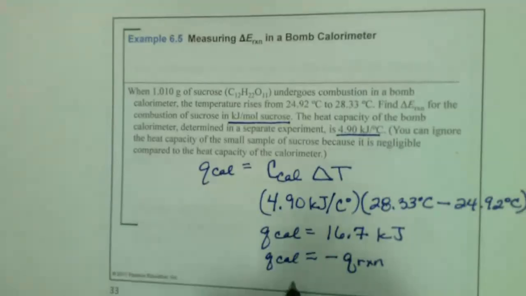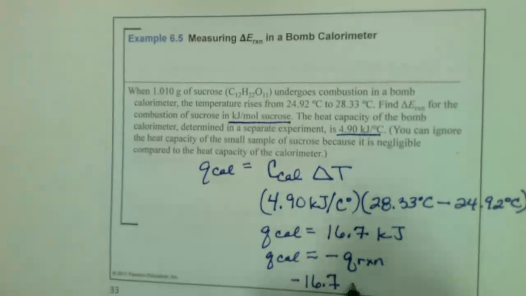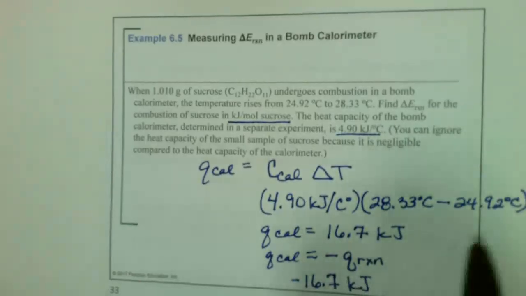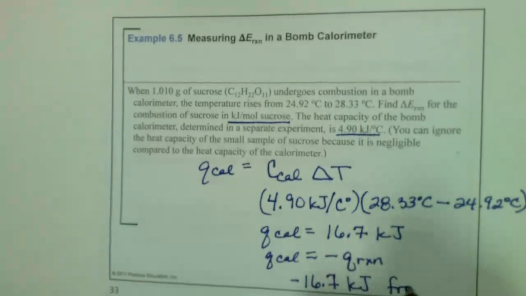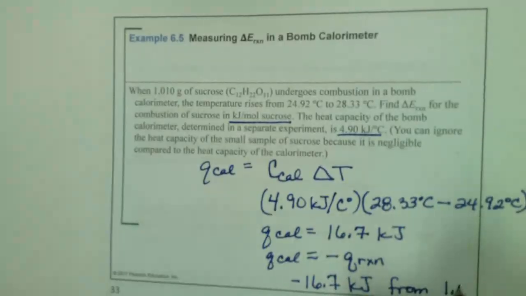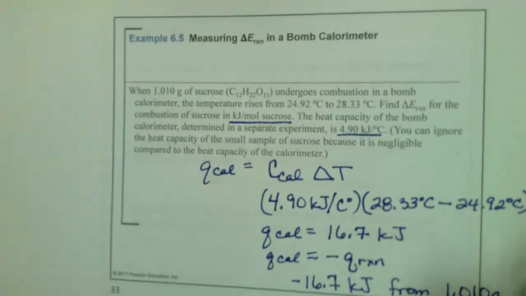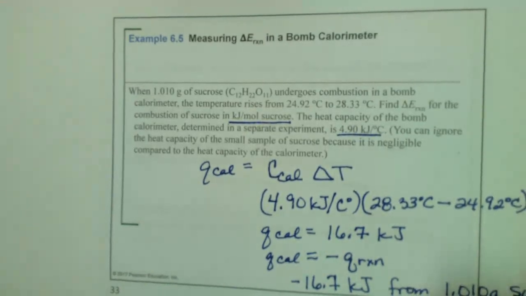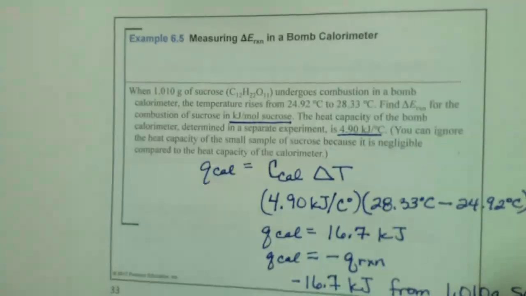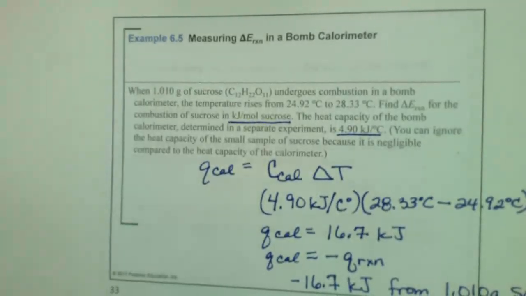So we have negative 16.7 kilojoules of heat from the 1.10 grams of sucrose, or C12H22O11. That's what produced this heat.